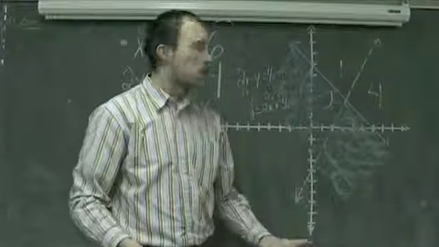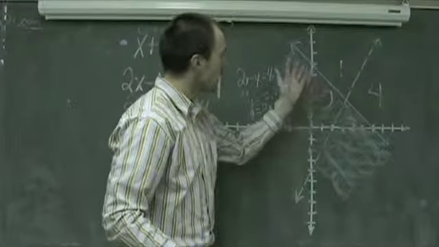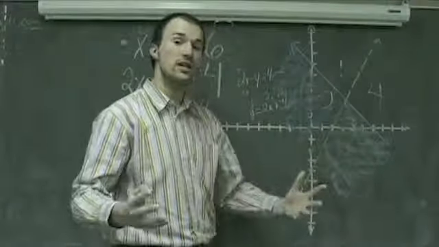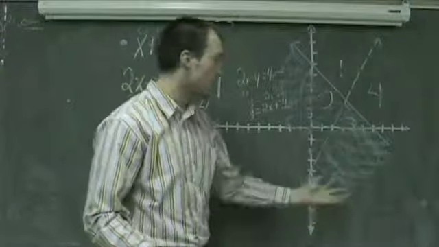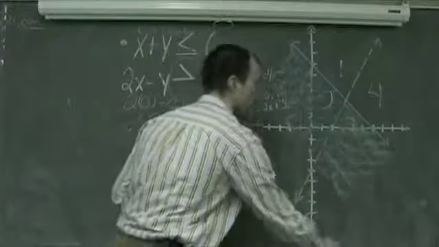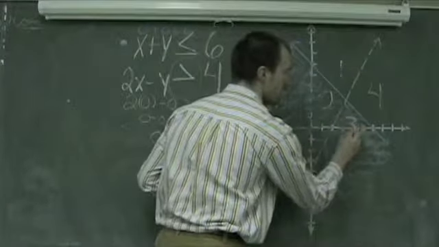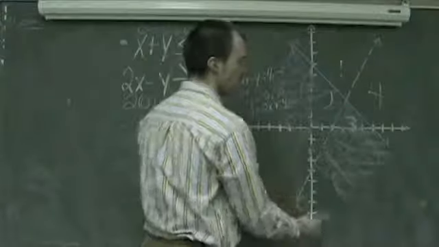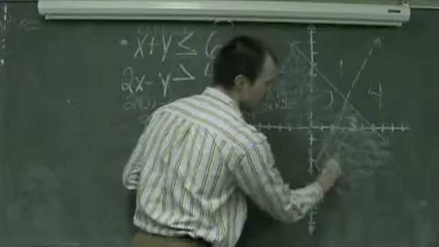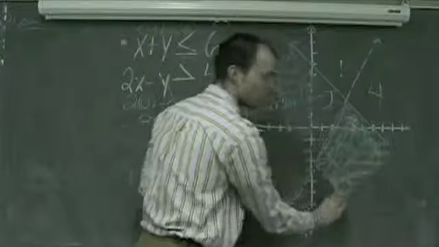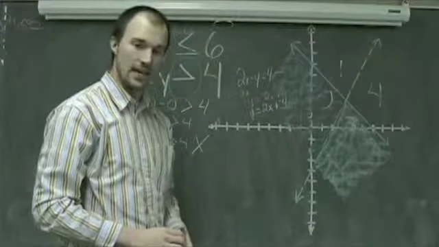So in this case, we have shading in regions 2 and 3, but only green shading and blue shading in region 3, which means that region 3 here is the answer to this system of linear inequalities.